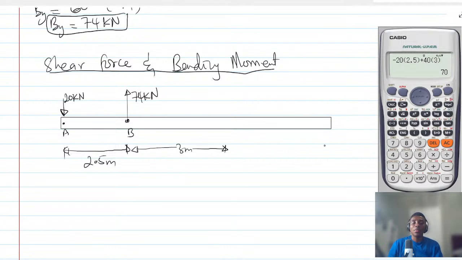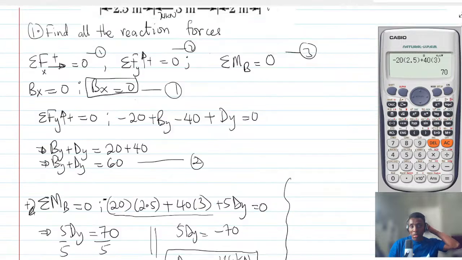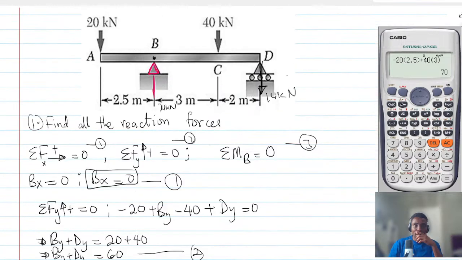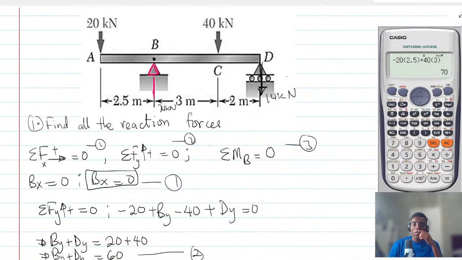So basically, there is C here, and between B and C is 3 meters. And then at joint C, the force is coming down 40 kilonewton.